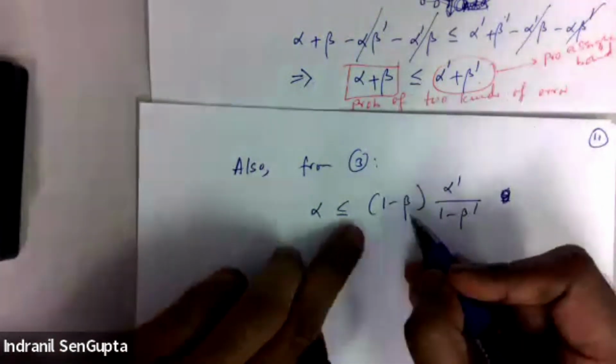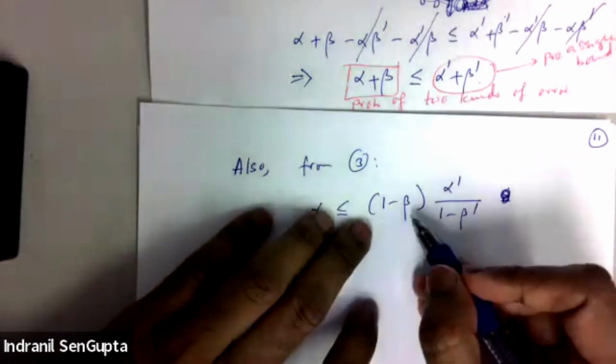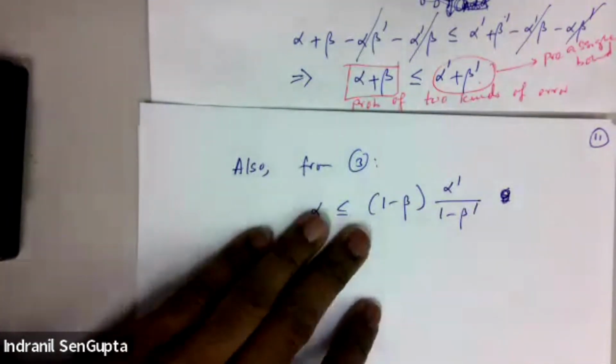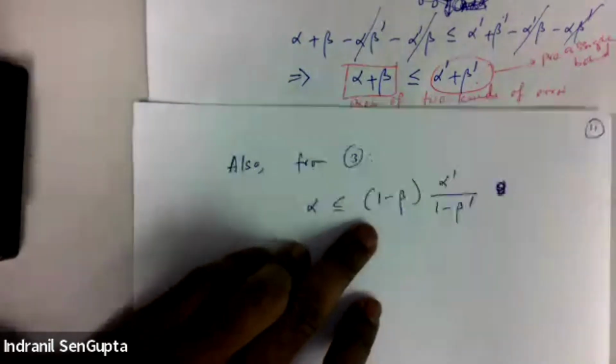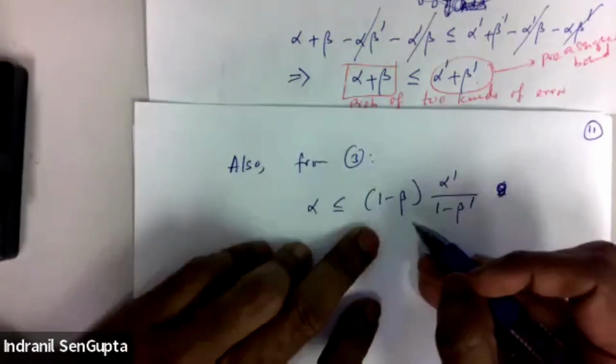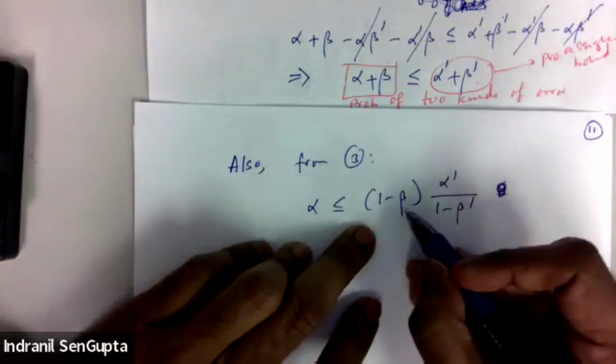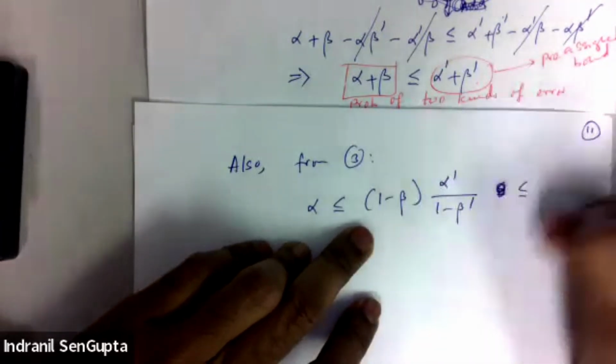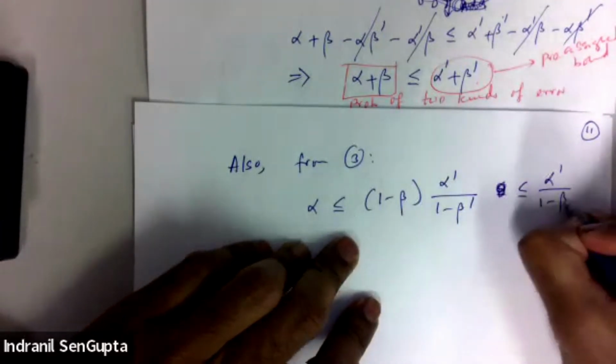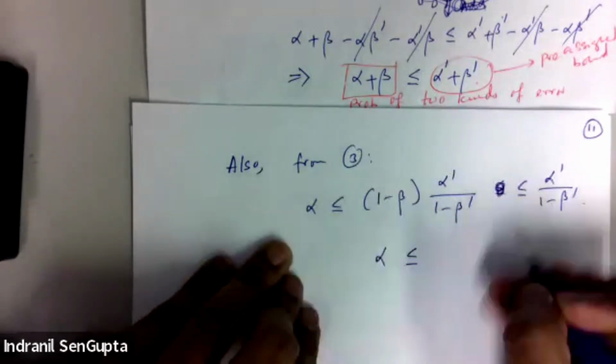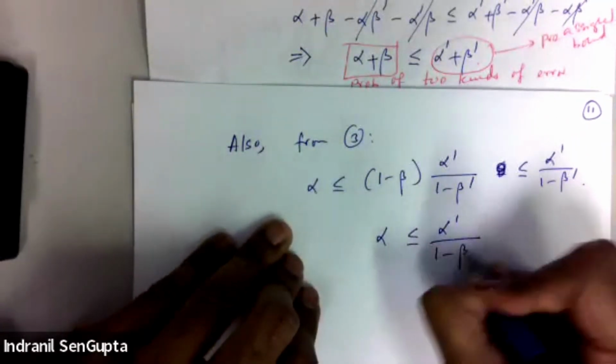Remember, beta cannot be the value 1 or 0. So it's alpha prime over 1 minus beta prime. So this is the first relation. The type 1 error is bounded by this one.